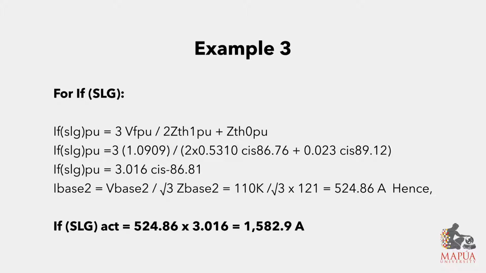Thus, we can now compute the actual value of the fault current for the single line to ground fault by multiplying the base value by the per unit value: 524.86 multiplied by 3.016 gives an actual value of 1,582.9 amperes. So that ends our module.